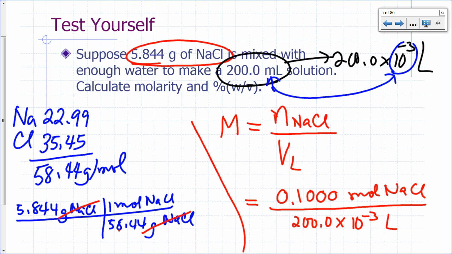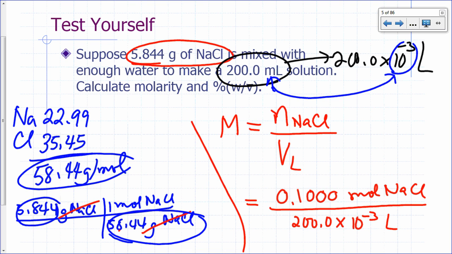A note about sig figs here: 5.844 grams has 4 sig figs. When you convert that to moles, you need at least 4 sig figs in your molar mass. We need at least 4 sig figs for our molar masses when we do calculations, so the answer has 4 sig figs. That's why we write this with 4 sig figs.